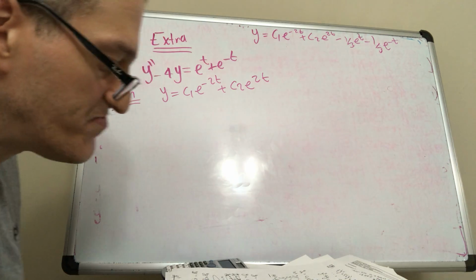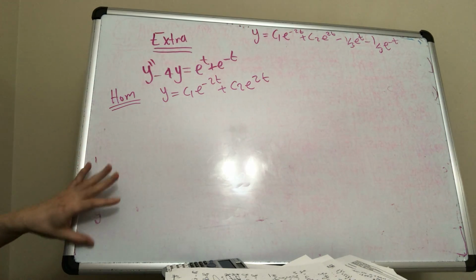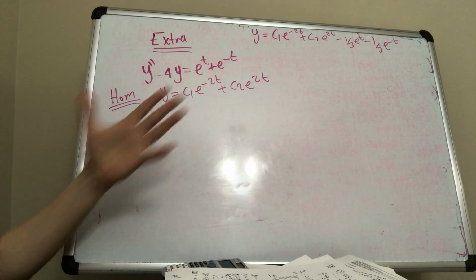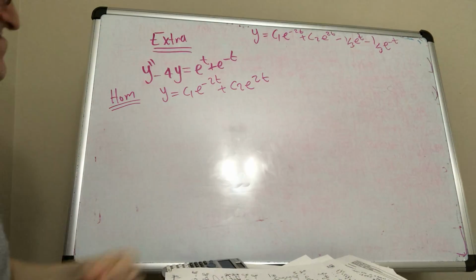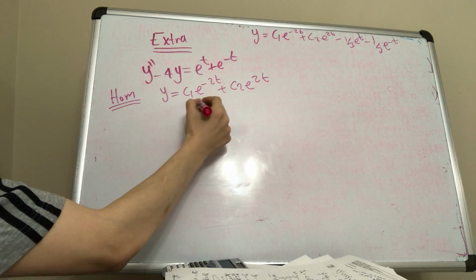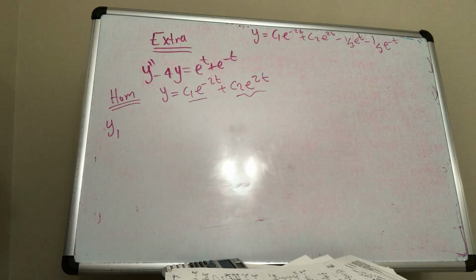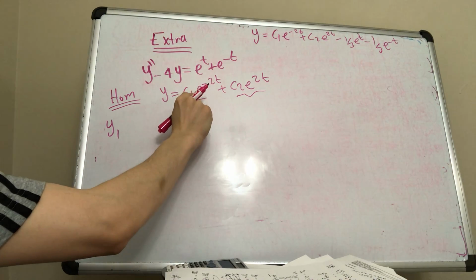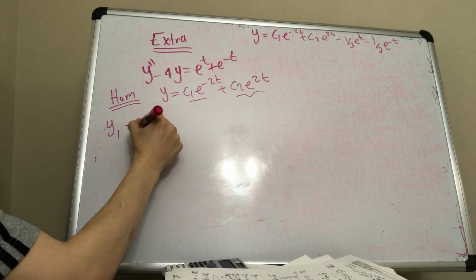Now you need the yp, the particular solution, but we're going to do it in a different way. Hopefully we can get the same answer for this part. Your homogeneous has two sections, this one and this one. So you say my y1, you take the e part, so forget about the constant.